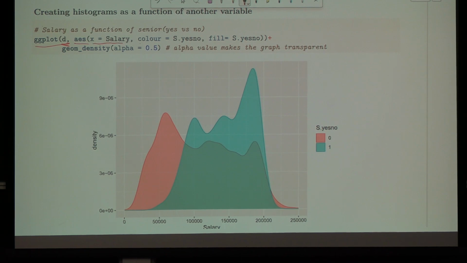And then the color is going to be this. Those of you who still remember, this was the variable that I created based on seniority. Yes or no, that's just a factor that I created. And then I also say that fill is equal to yes or no. So those two things, color and fill, I made a function of those two variables. And then finally, I have a density plot for two of them.